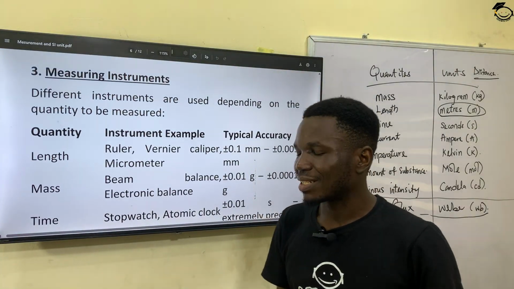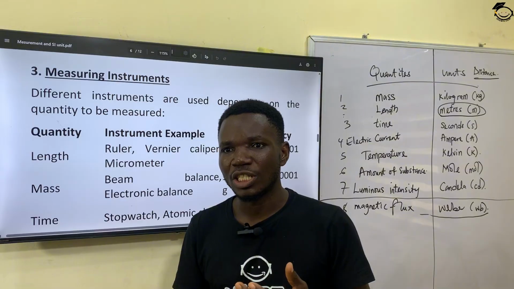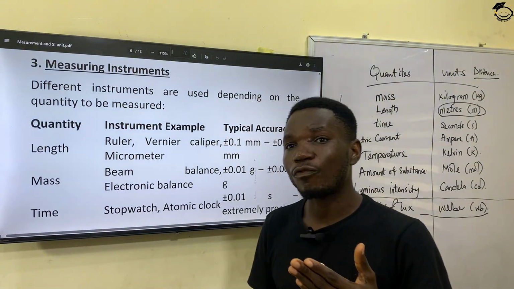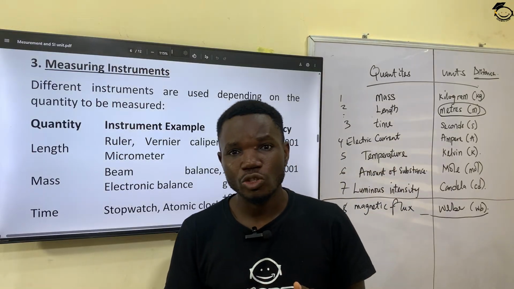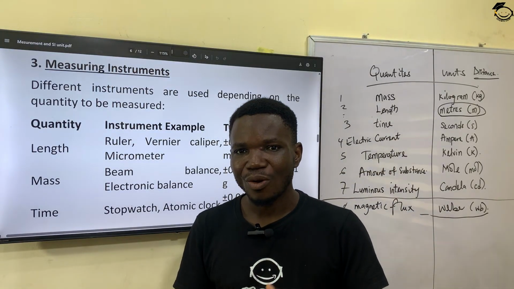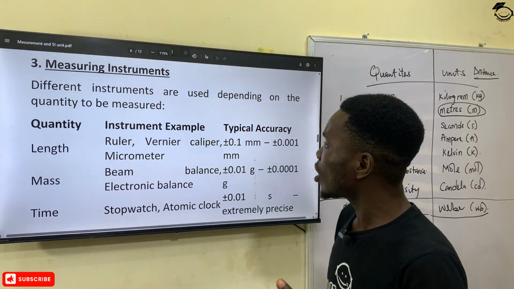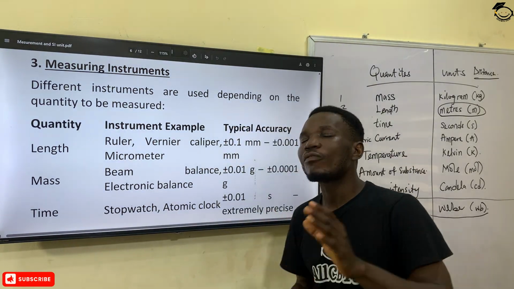Moving on from there, we have measuring instruments. Now we have different measuring instruments for different quantities. The measuring instrument for mass is not the same as the measuring instrument for length. So these measuring instruments differ, and because they differ, they do not have the same degree of accuracy.